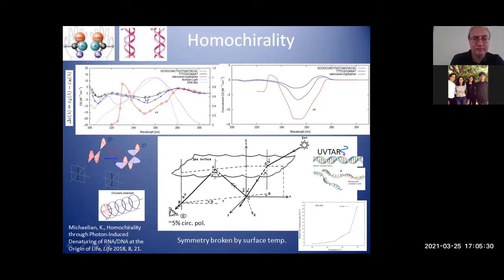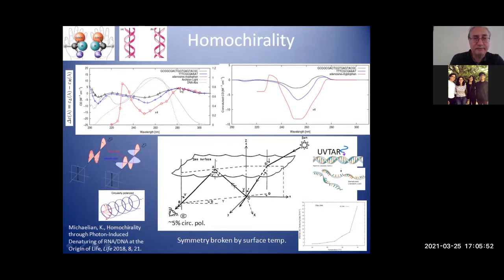This is for DNA. This is life-created DNA. We find that we get a little bit more absorption of right-handed circularly polarized light. And this occurs at about 260 nanometers also.